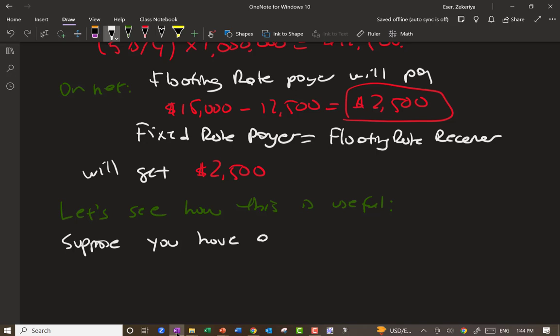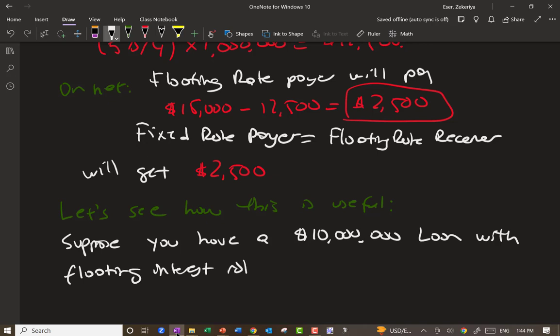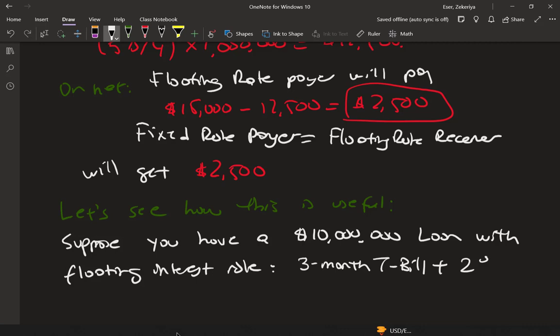Suppose you have a $10 million loan with floating interest rate, and let's call it 3-month T-bill plus 2%.